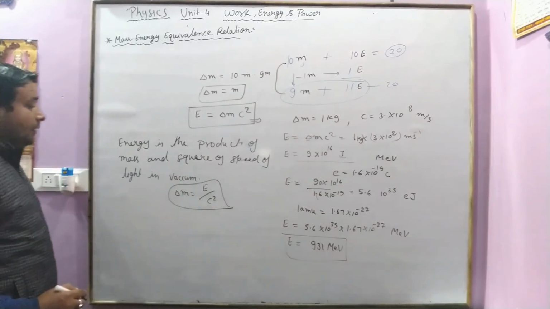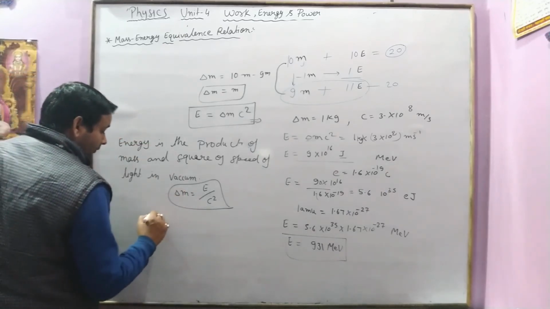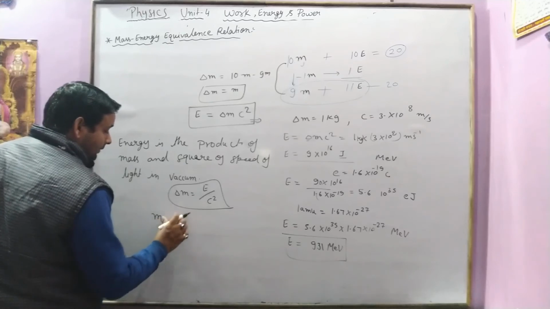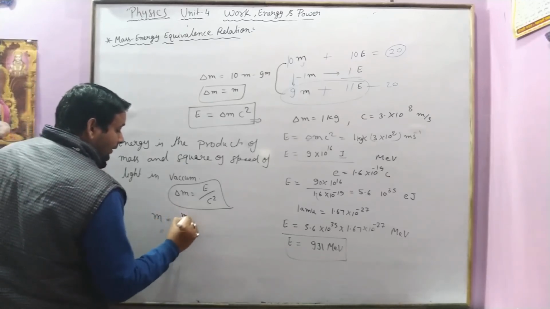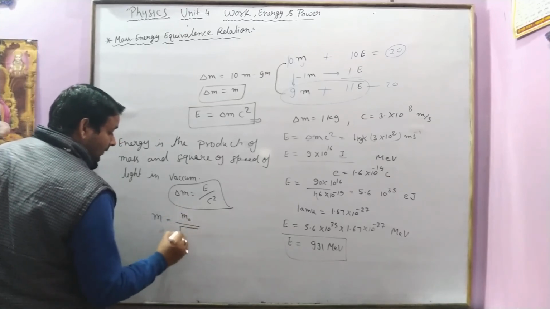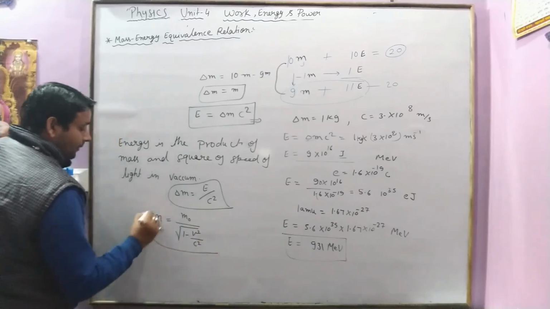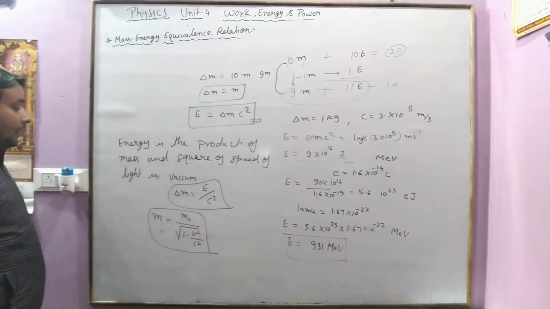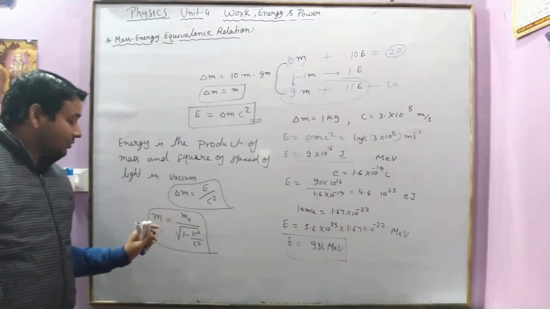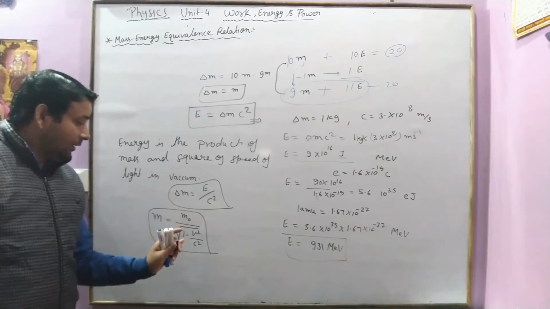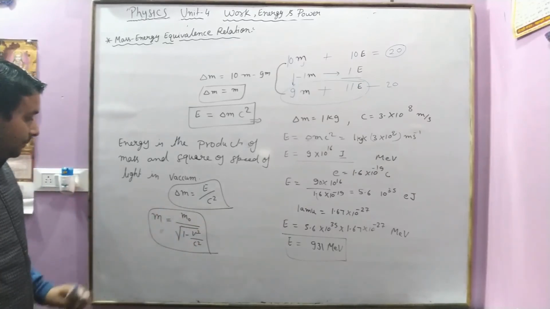Here, according to the relativistic theory, the value of mass is equal to the initial mass upon the square root of 1 minus v square upon c square. Because of that, the mass of a body is constant up to speeds of the order of 1 million.